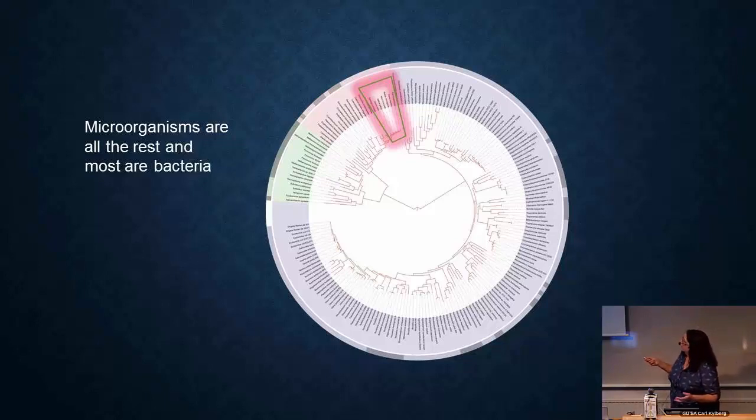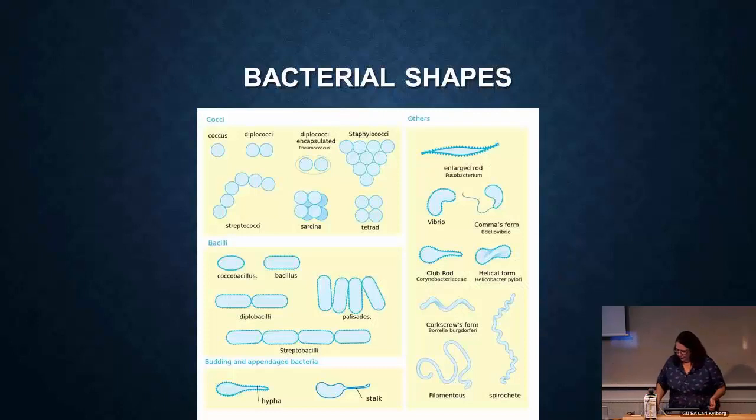And in particular, if you can see the blue color here, those are the bacteria. So if you look at the diversity on Earth as we know it right now, bacteria make up the vast amount of diversity. And again, that's why I'm going to talk about generalities so much.